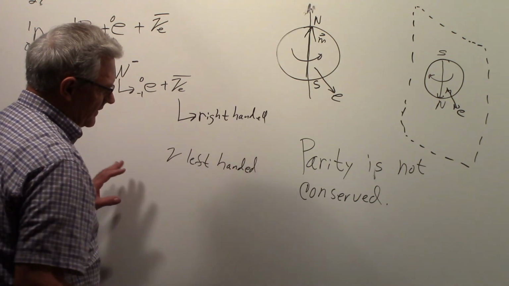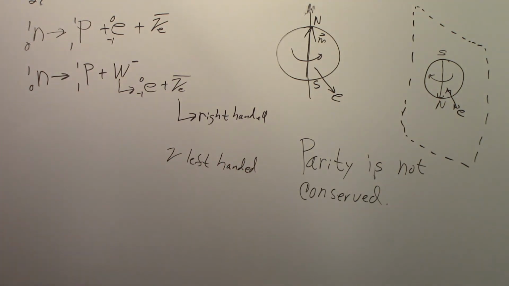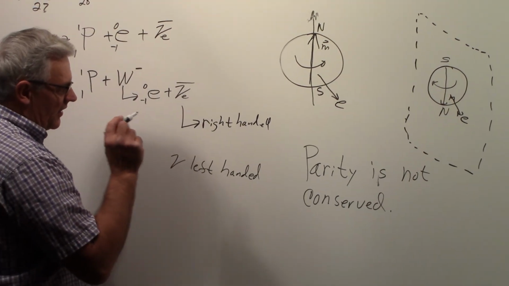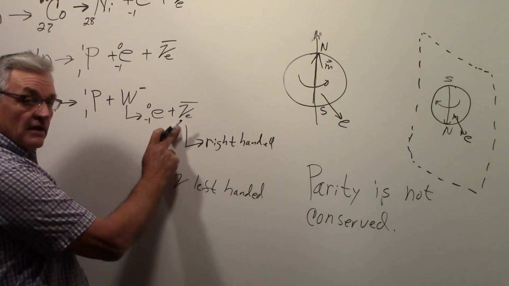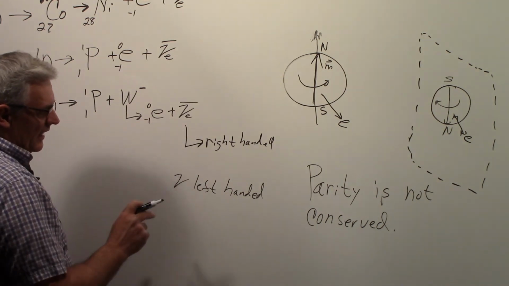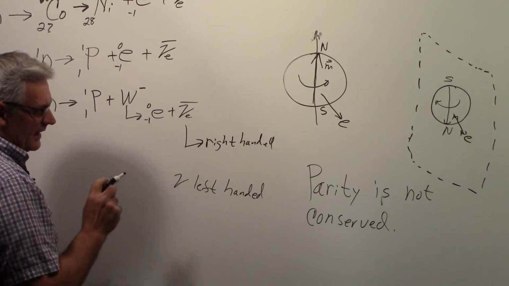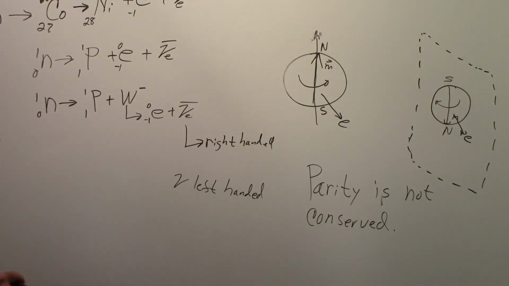That's also buried in the details here. And sometimes you hear the fact that there are no left-handed electron anti-neutrinos and no right-handed neutrinos, and that is kind of like one hand clapping.